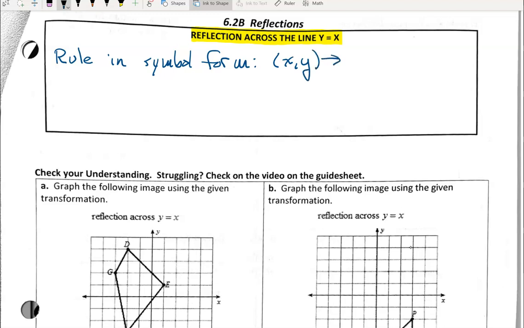Now remember, I've mentioned several times, when you're writing out a rule in symbol form, you have to have this x comma y in parentheses and the arrow, because this shows we're taking all of our original x, y values and we are going to change them somehow. And the way we change them is we just flip the y and the x values. Okay, so the points just switch places.